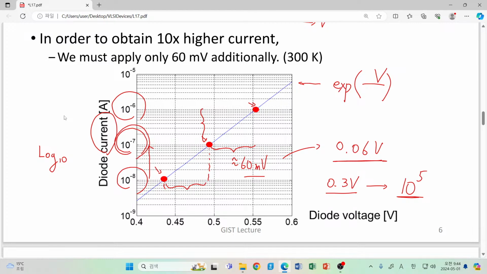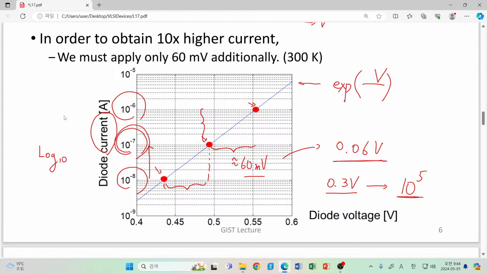Of course, please note that this is just diode analysis. We have not yet reached the MOSFET, the device we have to consider eventually. But this lesson is the same between this diode and MOSFET. Even in the MOSFET, we have the same behavior.